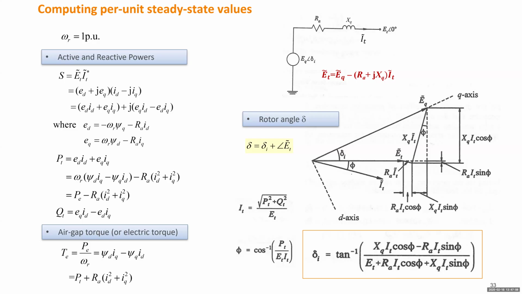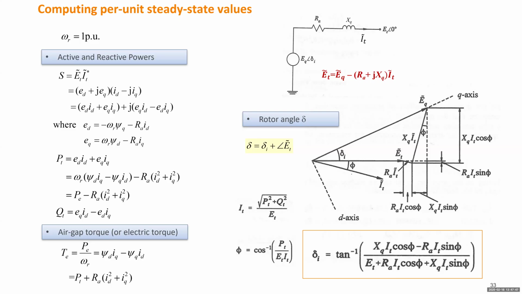This part will be equal to this part, which is equal to XQ IT cosine phi, then subtract this little item, which is RA IT sine phi, which is the numerator. Okay, divided by this side, which is ET, plus a little part equal to RA IT cosine phi, and another little part, XQ IT sine phi. Just spend some time, you can easily prove this formula is true. Okay.